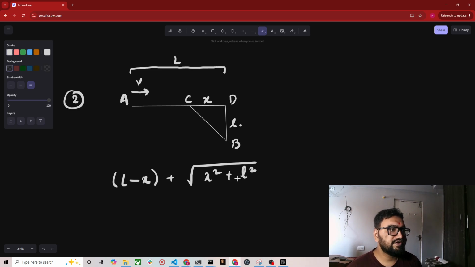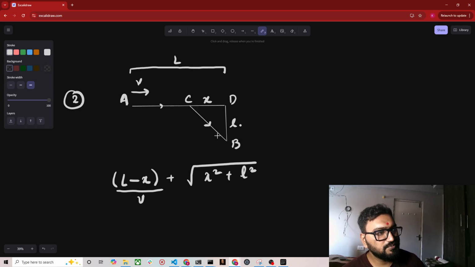The time he would take to travel from point A to point C would be L minus x divided by V. And the time the person would take to move from point C to point B would be root over x square plus L square divided by the speed of the person on the field, that is V upon eta.